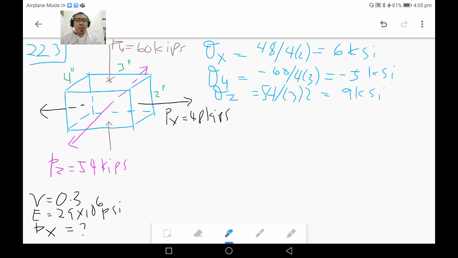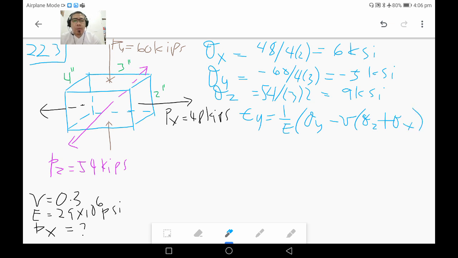Okay. So kung 9 ksi yan, makukuha na natin yung deformation doon sa y. Kasi sabi ito sa book, deformation daw sa y is 1 over E times stress sa y minus Poisson's ratio times stress sa z plus stress sa x.